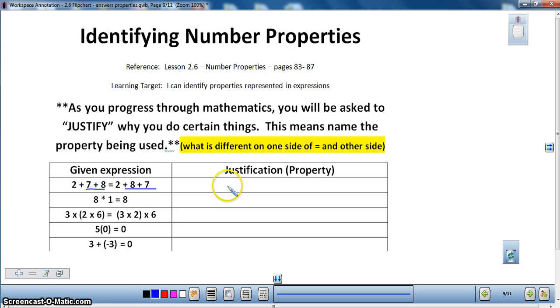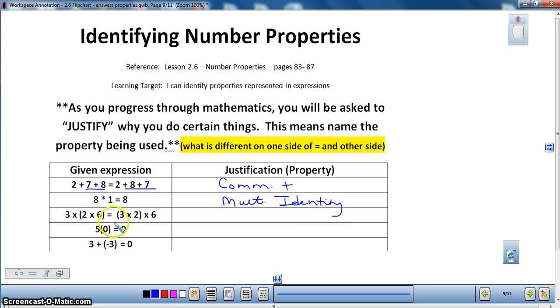Take a look at your notes. Pause the video if you need to. This should be the commutative property of addition. 8 times 1 equals 8. Again, take a look at your notes. That is multiplication, and it is the identity, keeping in mind what our identity is.